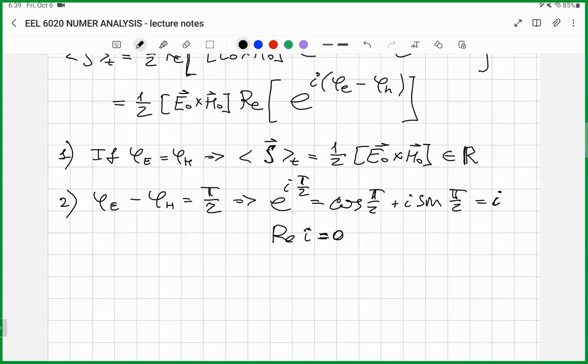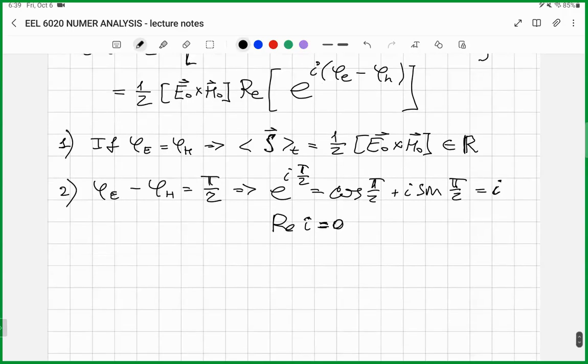So in this case, I came to the conclusion that the time average of the Poynting vector of the electromagnetic field in which electric and magnetic field oscillate out of phase, with this phase difference of pi over 2, we call this in quadrature. So the fields oscillate in quadrature.